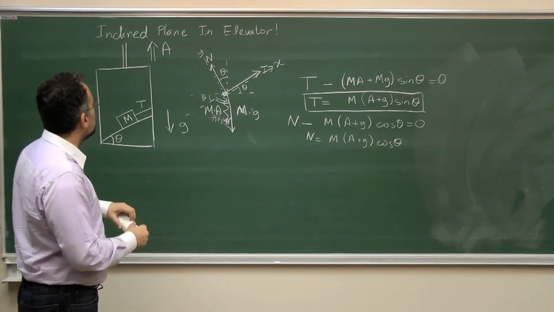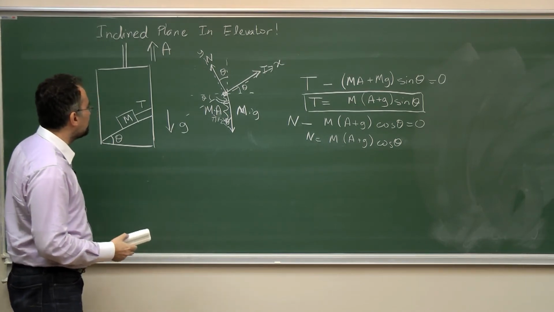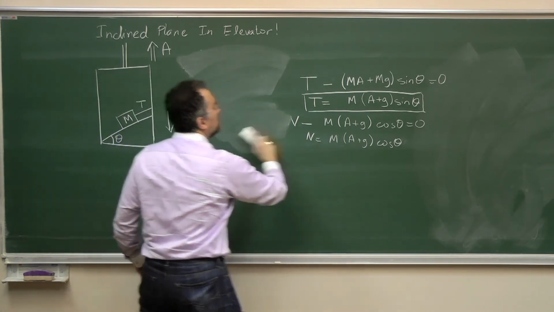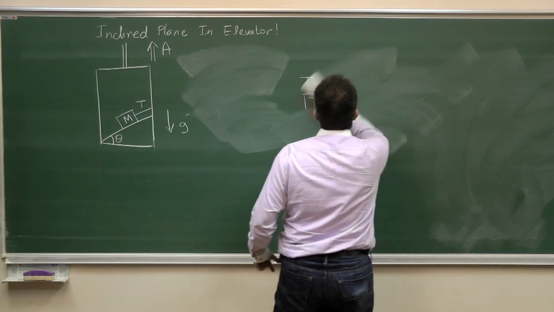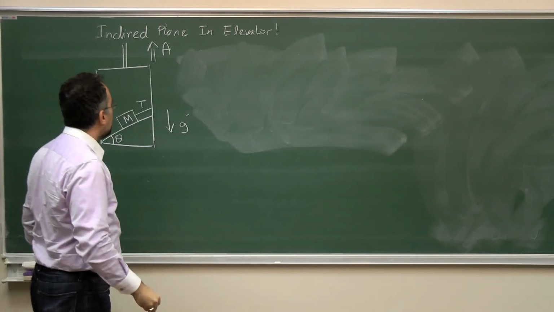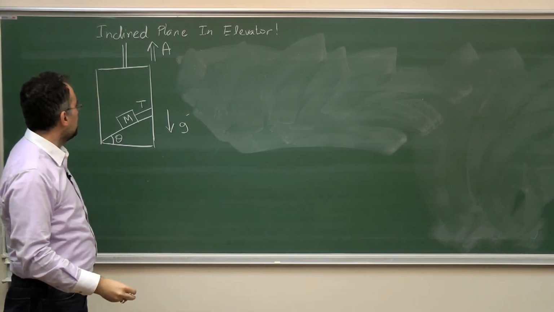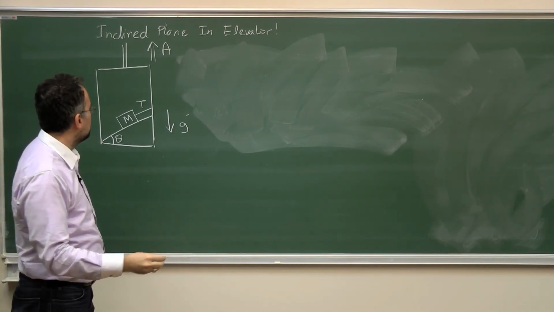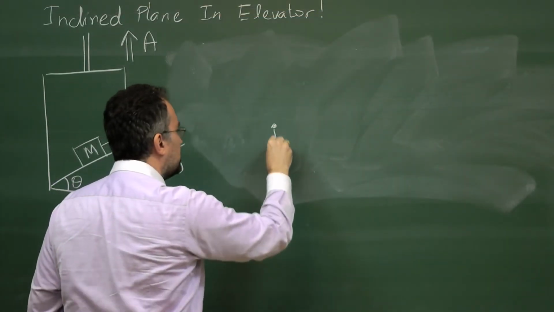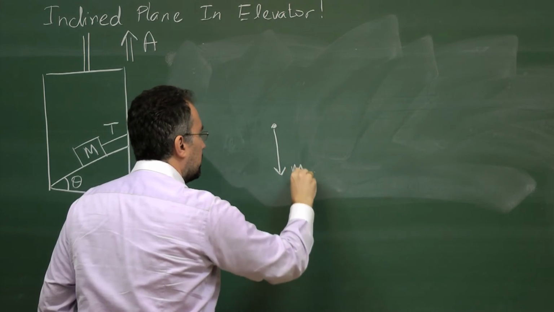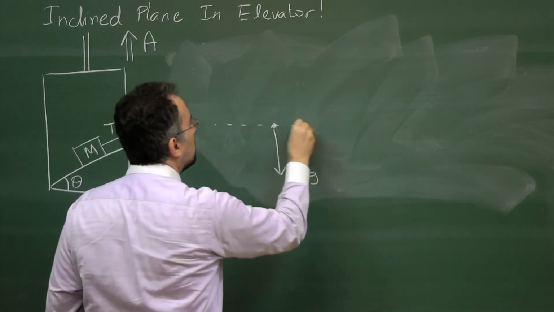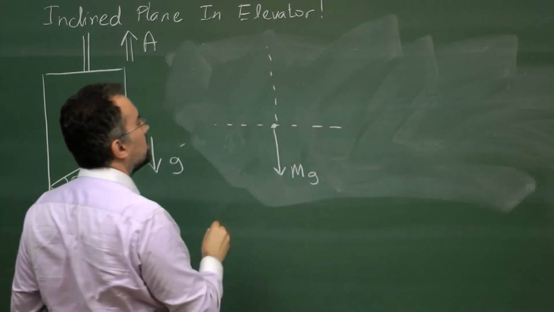I could do it in the inertial frame without using ghost forces. To do that, in this case, the free body diagram looks like this. I have just mg acting down, and this is the vertical and horizontal.